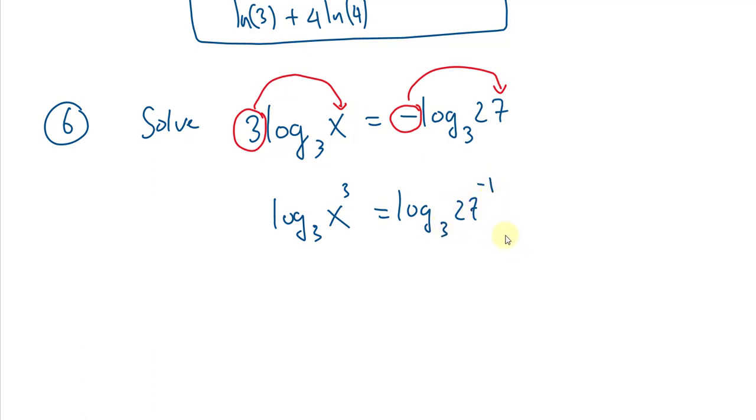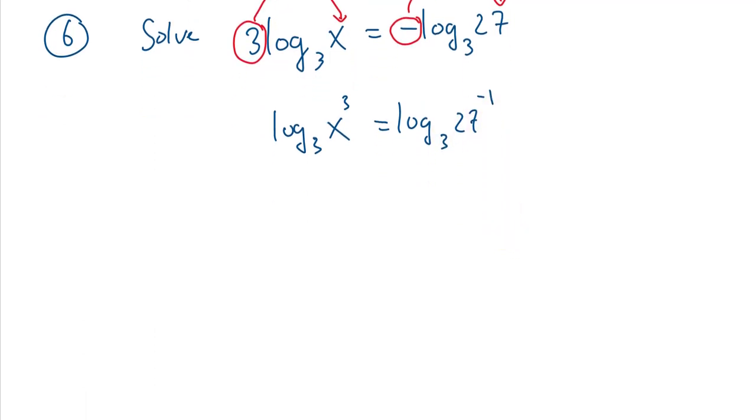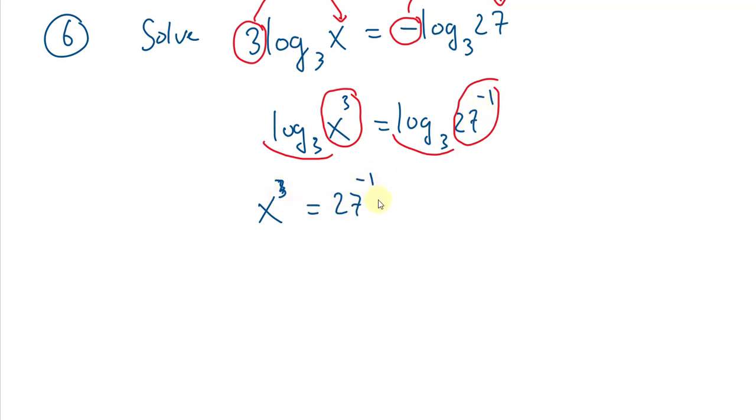Minus 1. Now you see that the logs base 3 are the same, they are equal to each other. That means the arguments here and here have to be the same. So x to the third power has to be equal to 27 to the minus 1, right?